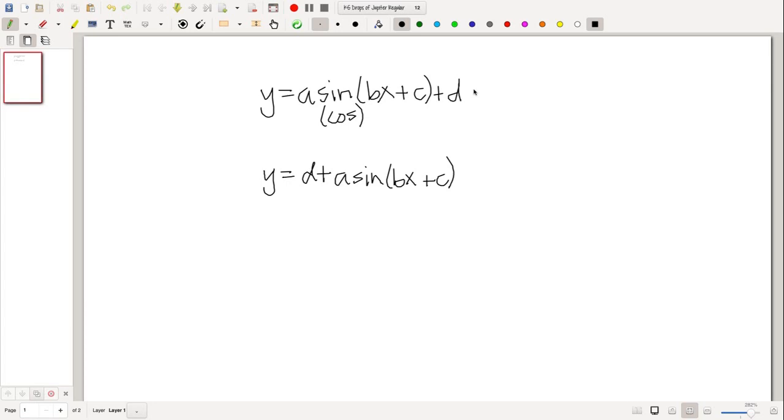Let's go through and talk about the different letters. And my dog is barking in the background, so I apologize for that. Remember, the a, or absolute value of a, is your amplitude. And we talked about that last week. We said if the amplitude is 3, from the middle of my graph, I will go up 3 and I will go down 3.